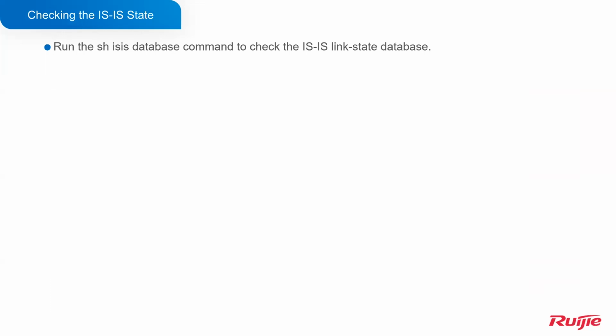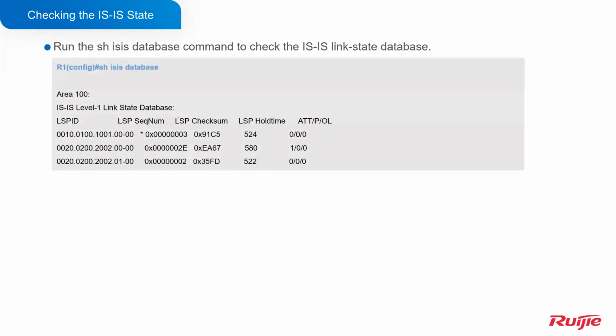And then you can run a command to check your ISIS database. The command is show isis database. On route 1, you will now have one area. And in the area, all the information here is from yourself, right?